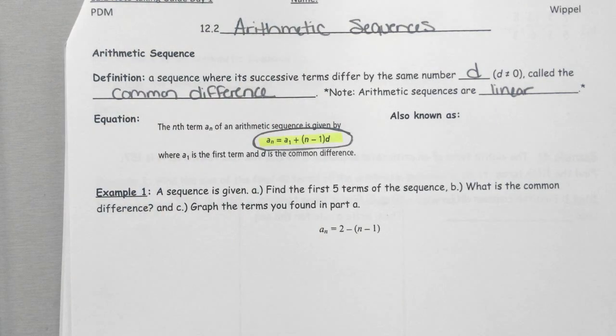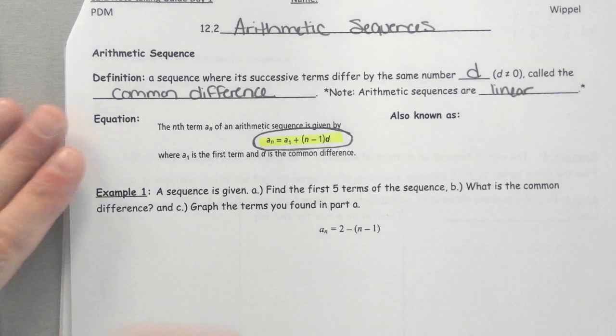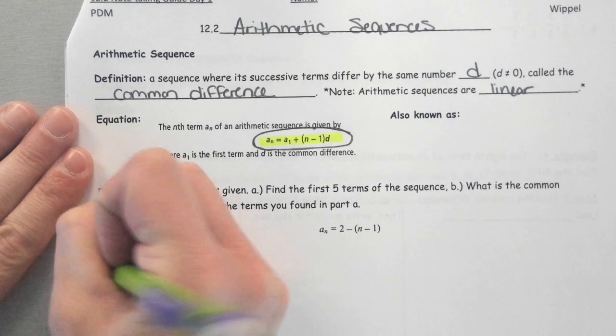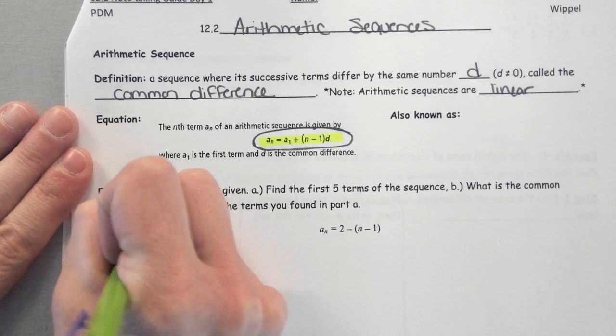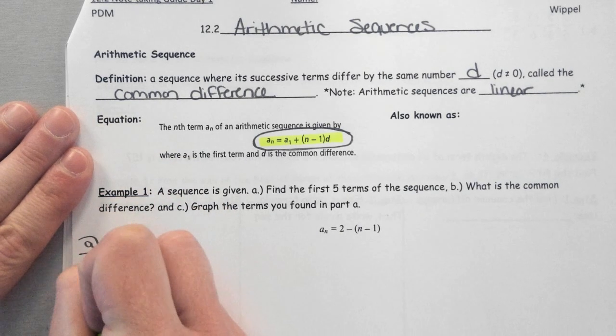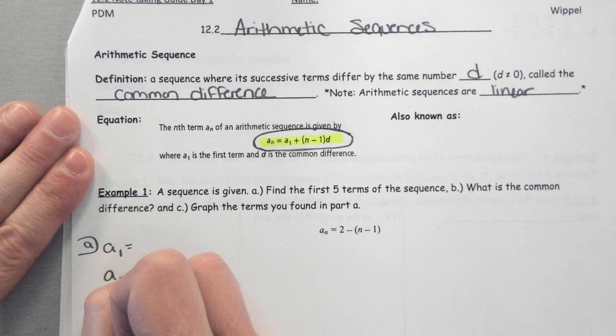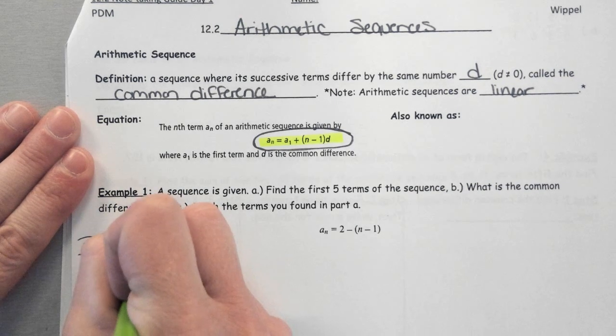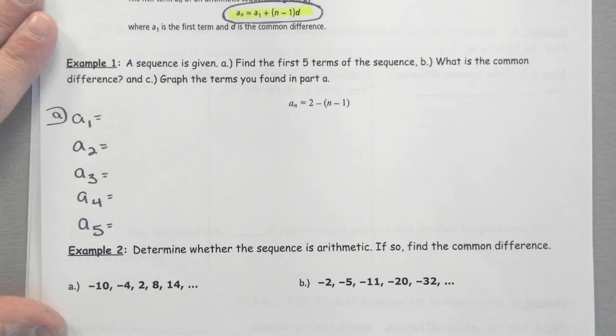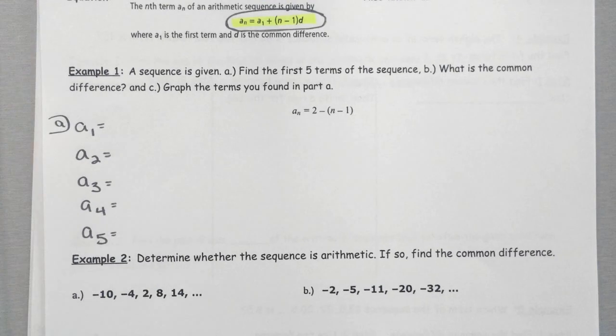Here we go. Example 1. Part A says, please find the first 5 terms. All right, let's start there. First 5 terms. So we want to find term 1, term 2, term 3, term 4, term 5. So some of these can feel a little bit tedious because you're finding a lot of little things, but maybe with practice it's not as tricky as some of the other stuff.